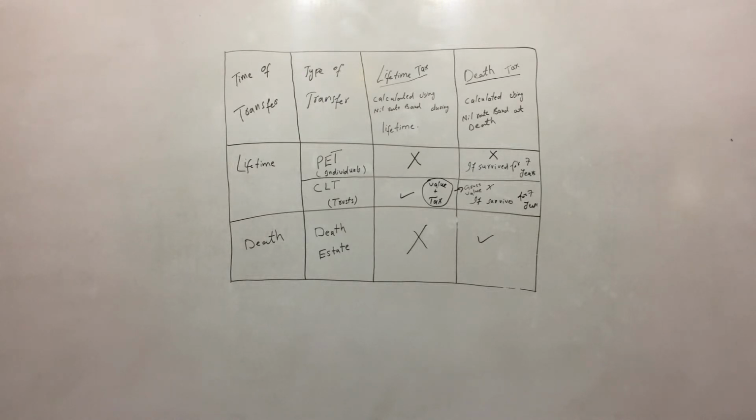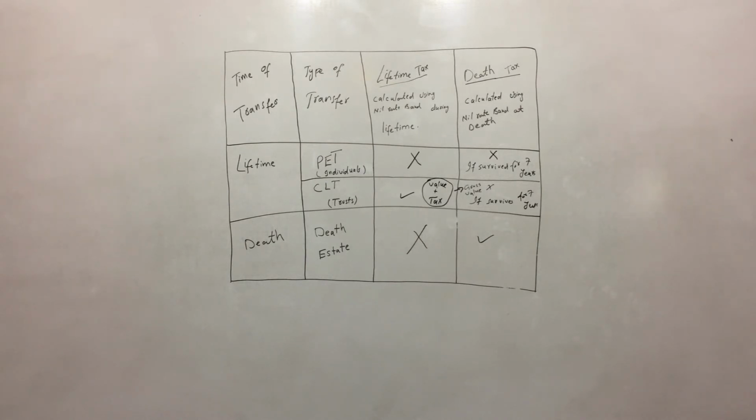Tax arising on death in respect of PETs is to be paid by the donee within 6 months from the end of the month of death, and additional tax arising on CLTs on death is to be paid by the donee within 6 months from the end of the month of death.